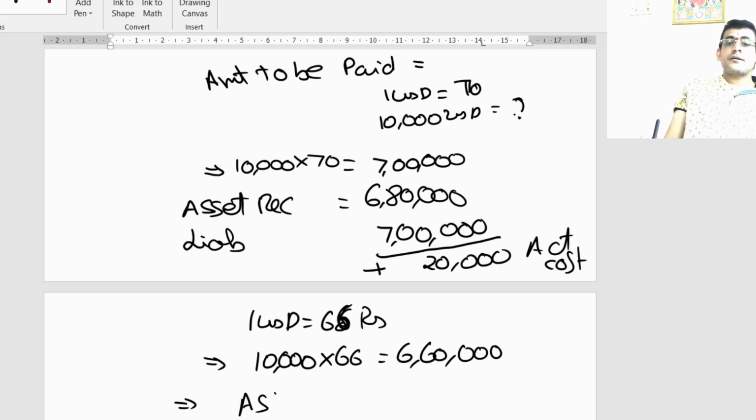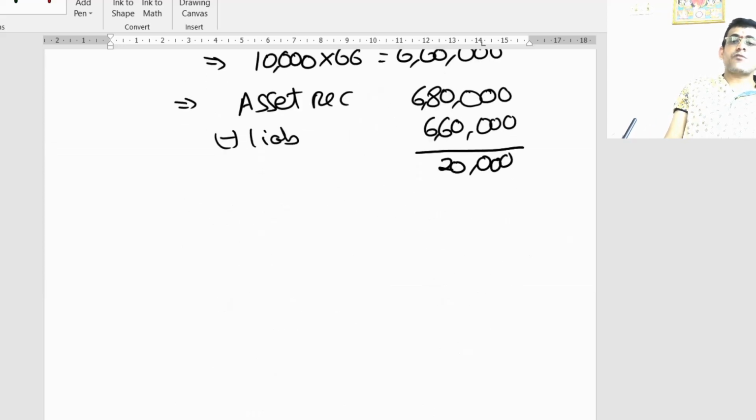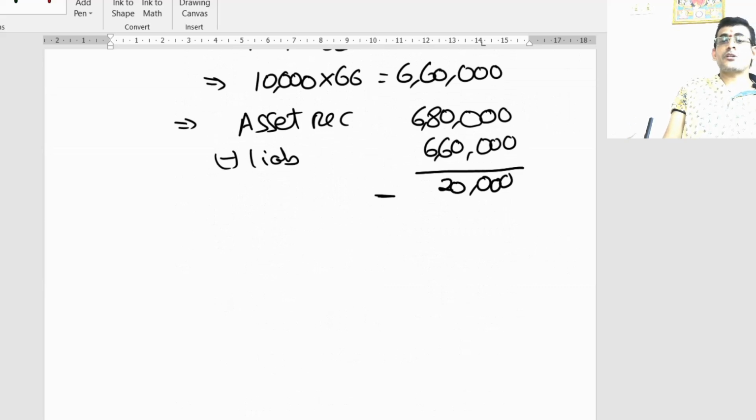Asset recorded in your books is only 6 lakhs 80, but how much am I repaying? Your liability is not 6 lakhs 80, your liability is 6 lakhs 60. Now, what is the difference? The difference is going to be 20,000. Now, what will I do? I need to reduce this from my actual cost of the asset.